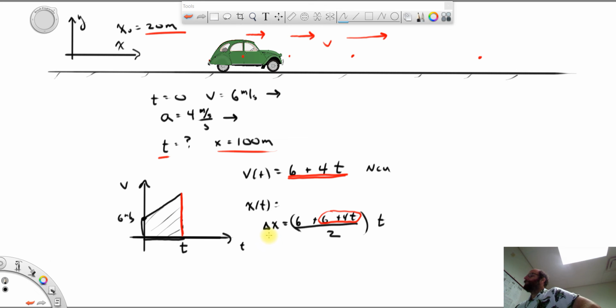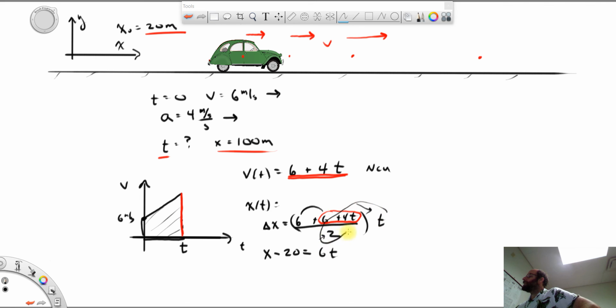Next line. The delta x is equal to x final minus x initial, and remember, the x initial is 20 meters. Now, as we look at this, 6 plus 6 is 12, divided by 2 is 6, times t, 6t.